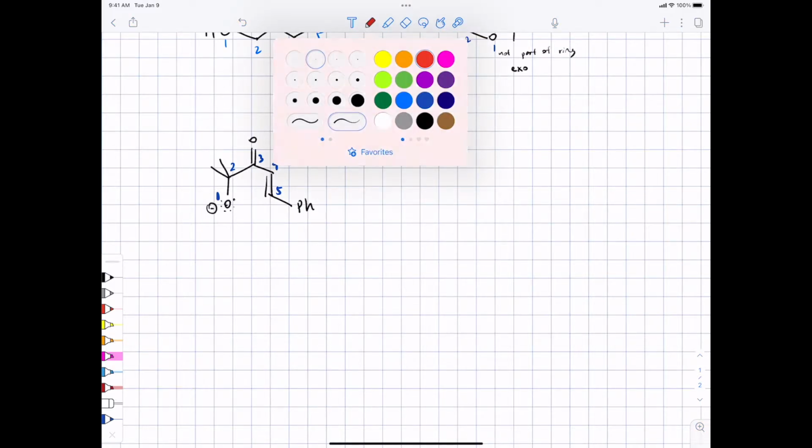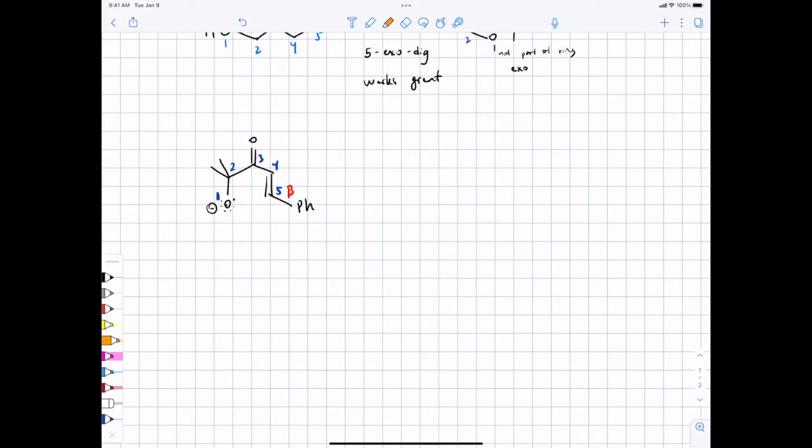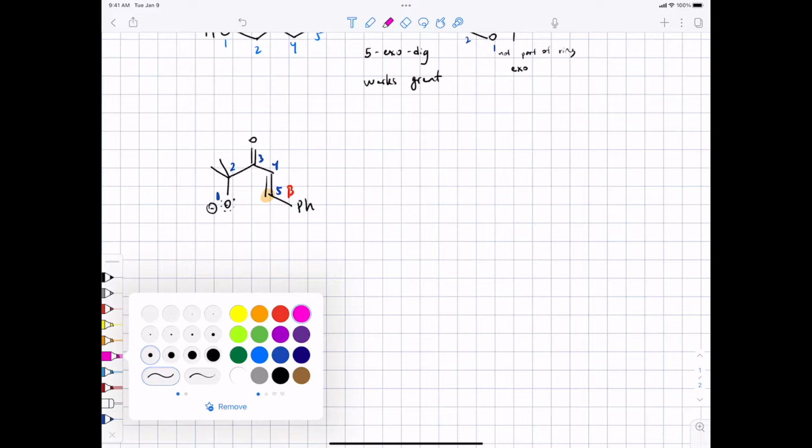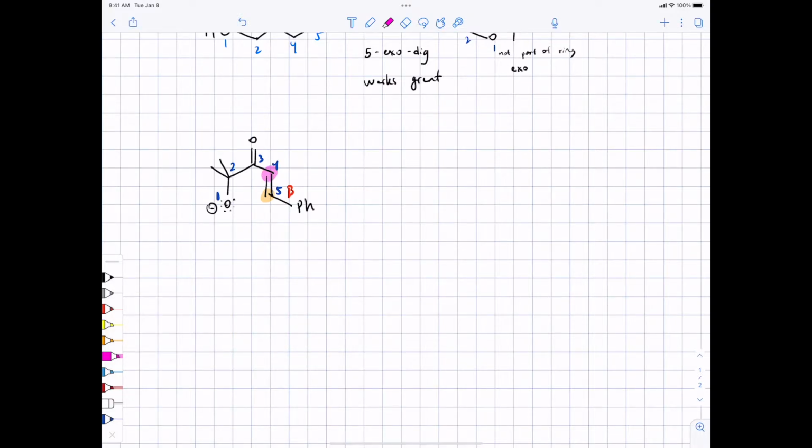This is the beta carbon here that gets attacked, so we'll make that orange. This is the alpha carbon that is the one connected to the thing that gets attacked. If the attack were to occur, we would expect to see this enolate as a product, except there would be an oxygen there.